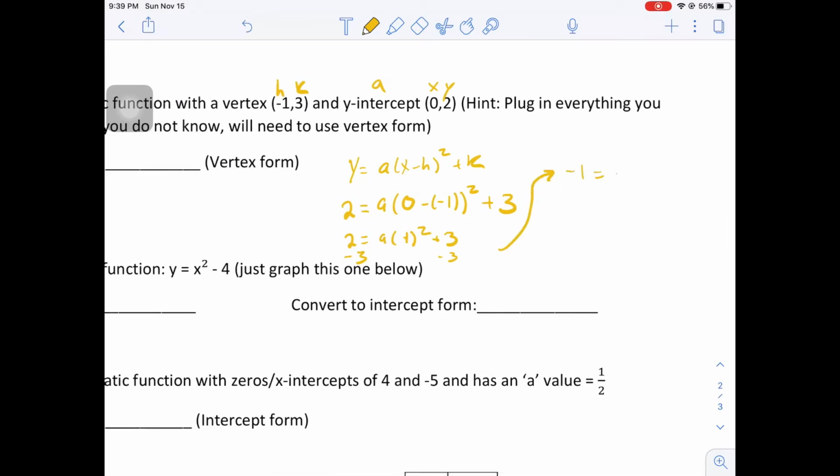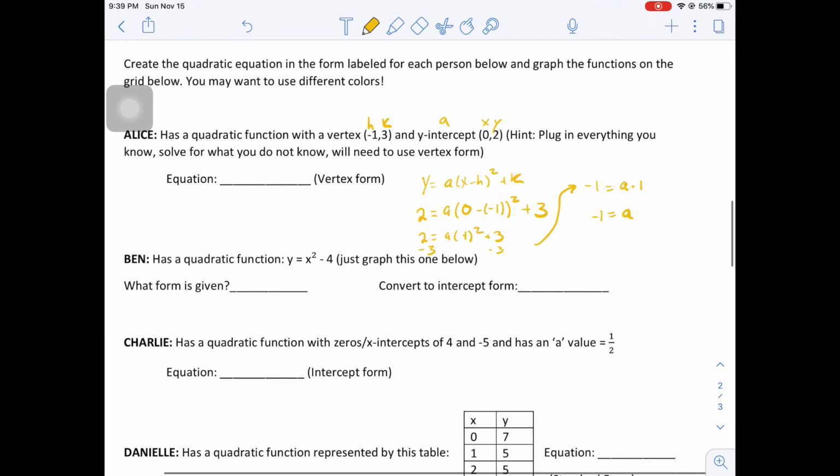We would get -1 is equal to a times 1, which is just a. So that tells us -1 is equal to a. So then this equation, when we're writing it, is y is equal to -1 times x minus h, sorry, we know h. It's -1, so x plus 1 squared plus 3 would be our vertex form.